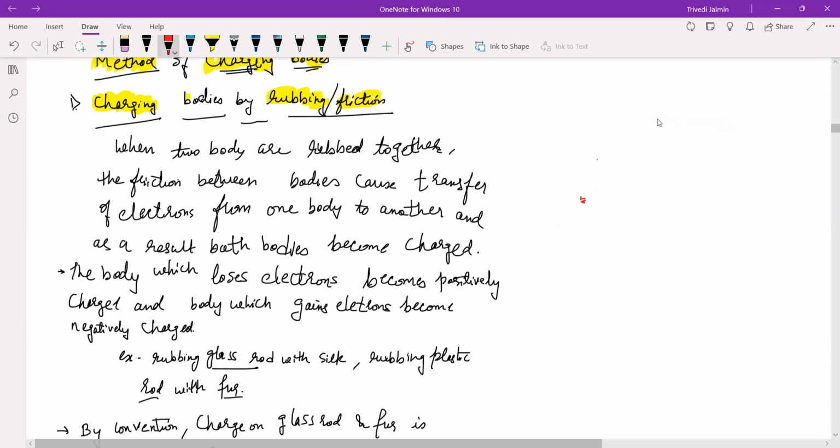Whenever we do earthing, a negatively charged body will become neutral, so overall we get zero potential.